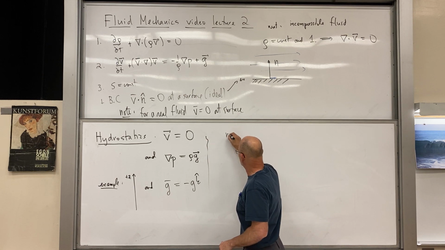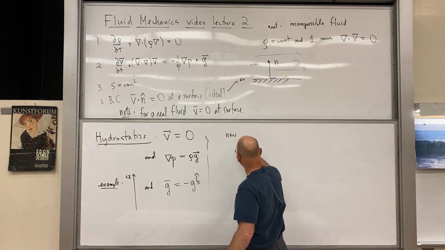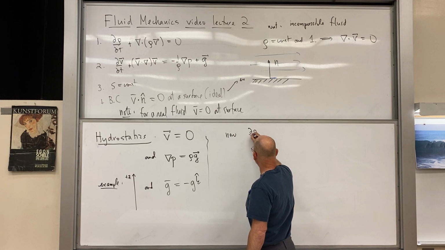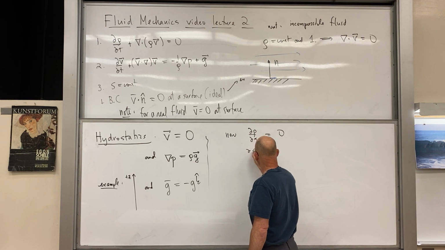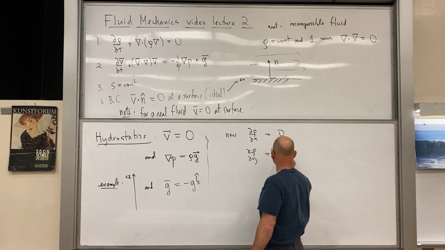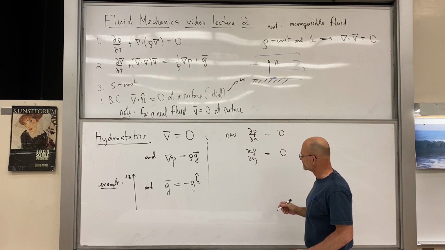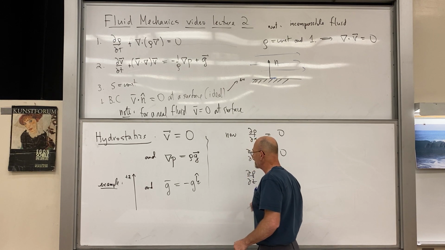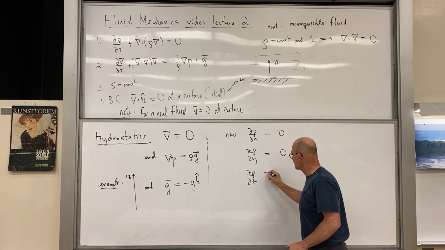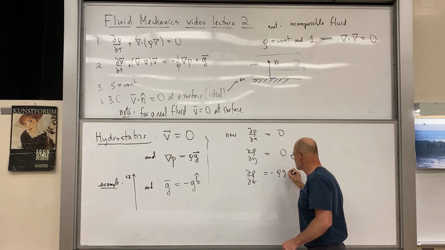So now we can write this out. We have dp dx is 0, dp dy is equal to 0, and dp dz is equal to minus rho times g.